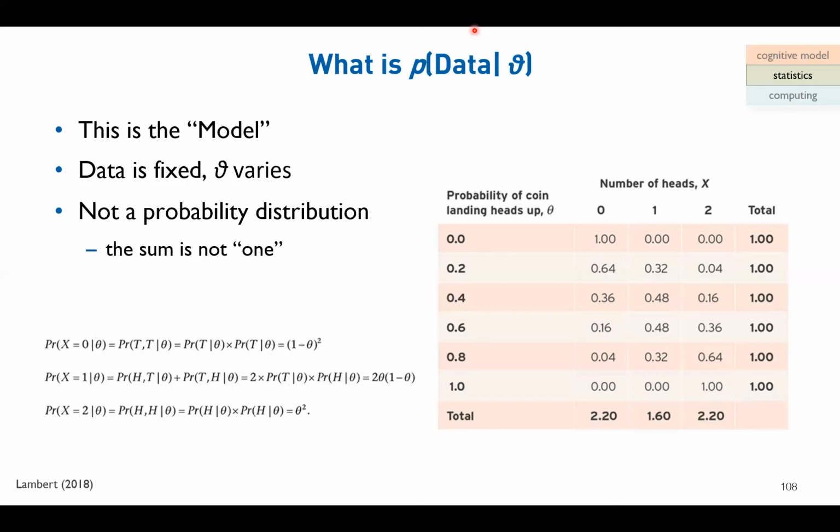I do not have it on the slide, but you just say L of theta given data, okay? So probability is a function of data given theta, and the likelihood is a function of theta given data. The changing part is different, and the fixed part is also different. It's basically the opposite.